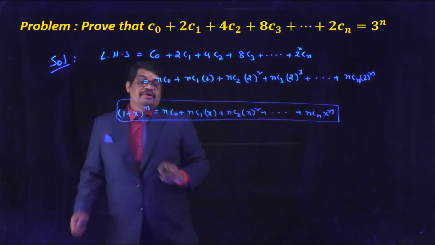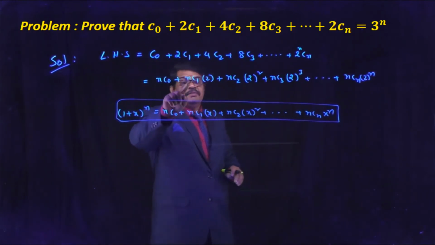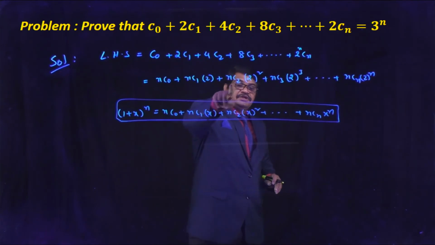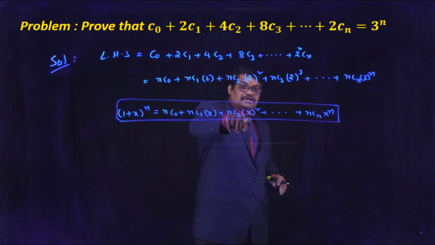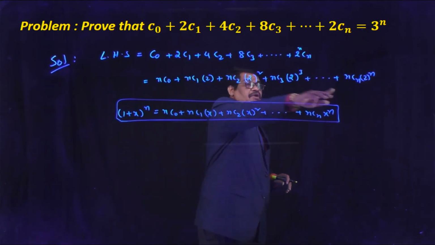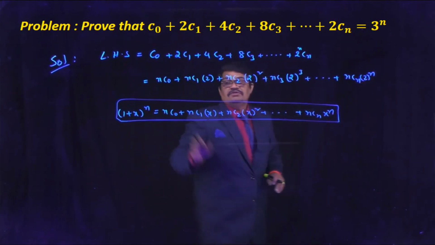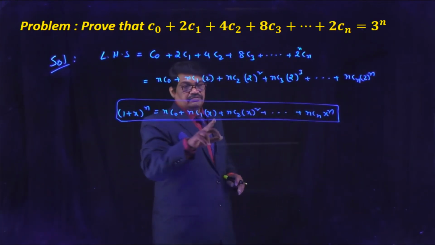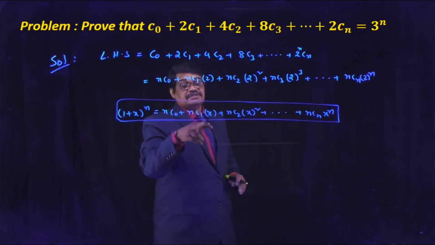So we are observing here nc naught plus nc1, in the place of x here 2. Here nc2, here 2 square. In the place of x is 2 square, 3 square, like this, 2 to the power of n. Now this RHS is compared with this one, where in the place of x is 2.